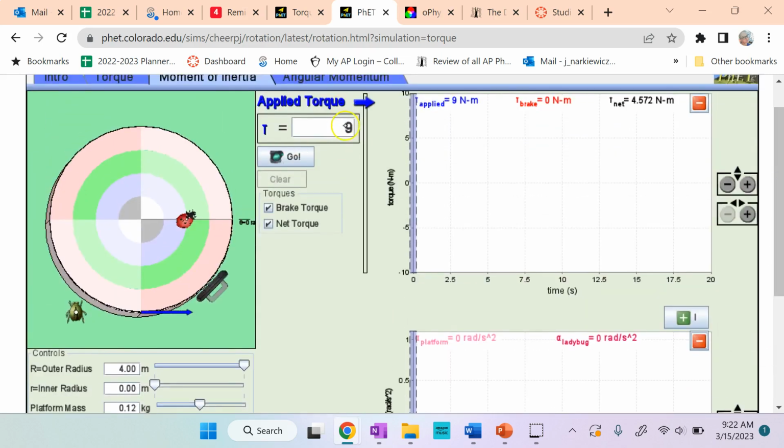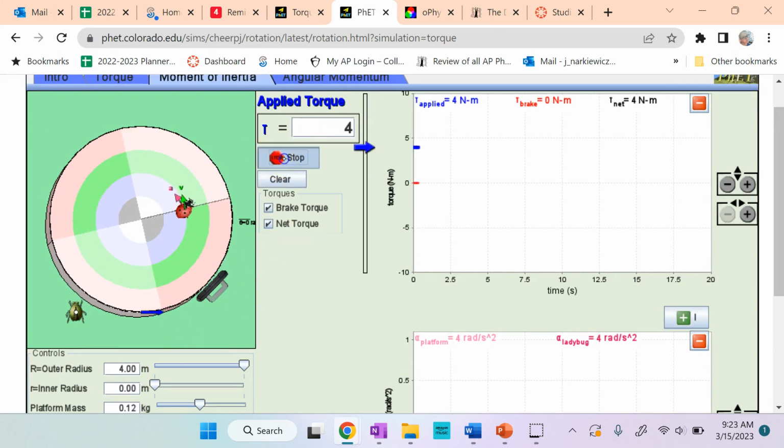So I'll apply a smaller torque of 4. And now let's watch. Initially, my velocity vector is pointing perpendicular to the rotation. If we think back to circular motion, that makes sense: something moving in a circle has a velocity perpendicular to the rotation.